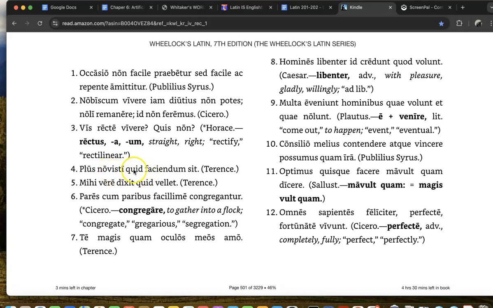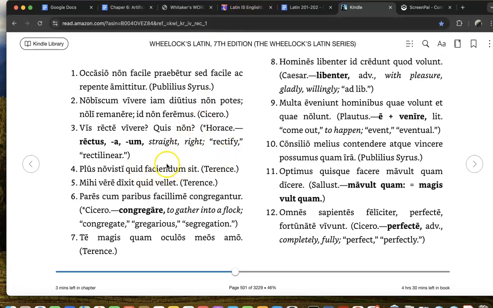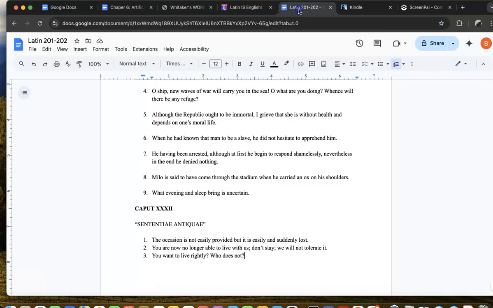The format of the internet doesn't quite allow that flexibility. And so, once again, I'm going to give a rather literal translation of it. We can briefly talk about it given the limitations of the online format. But as always, you need to make it come alive in your own mind, as with most learning. So, you knew more is what plus novisti means.